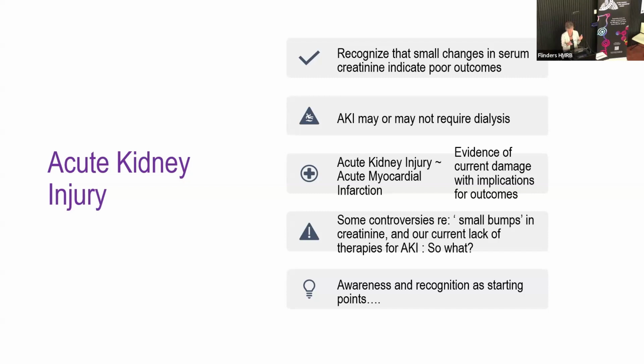We're not nearly as advanced in the AKI world in terms of studying it properly or understanding it. But if you start with awareness and recognition, and we have a program in our province of now when people have acute kidney injury in the hospital, where we're going to give them a little pamphlet of what happened and what their doctor should do and how they should follow up. That's kind of where we're at.